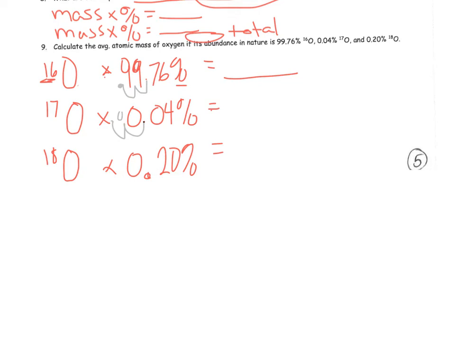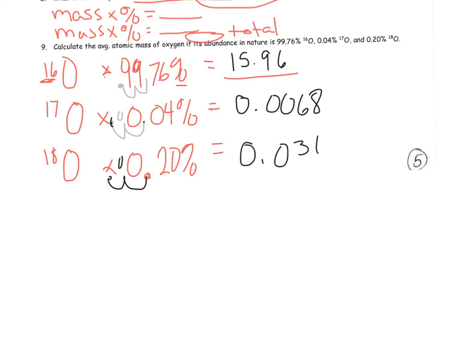So, 16 times 99.76%, right, I get 15.96. 17 times 0.0004 gives me 0.0068. And 18 times 0.20% or 0.002 gives me 0.036.